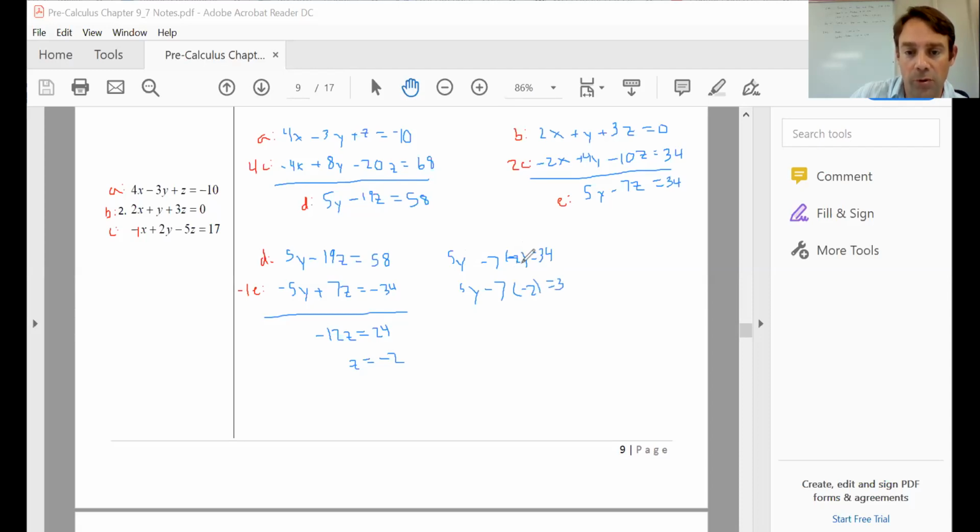That was supposed to just be z right there. So 5y plus 14 equals 34. So 5y equals 20. y is 4.